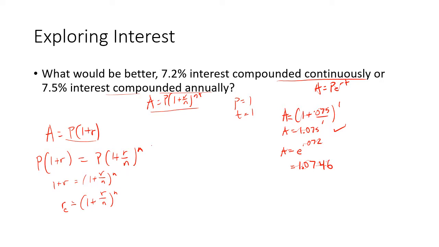And what that does is give us a value that we can then compare. If you do the same basic thing for the other equation, you set this equal to this, divide both sides by P and subtract 1 from both sides, you'd have the same relationship there, and that effective yield can be compared, and you can determine which account would be better that way too.